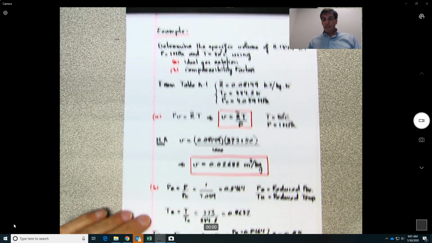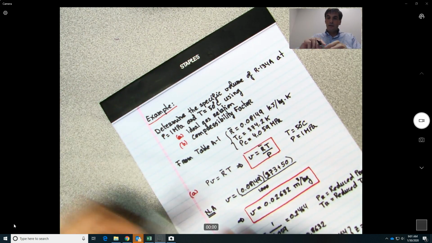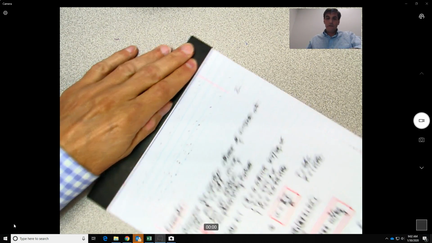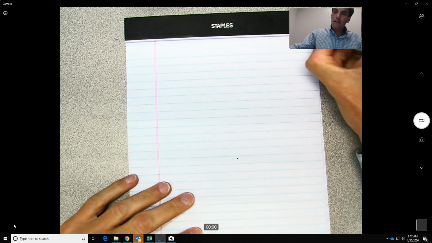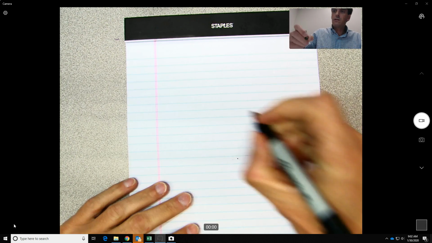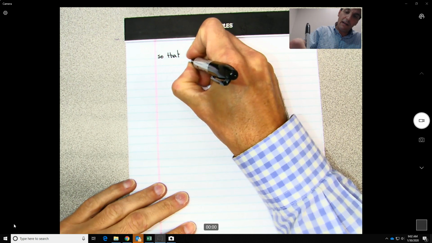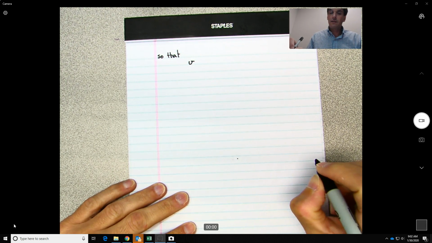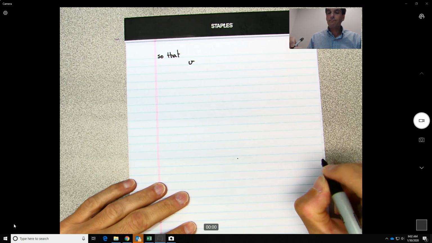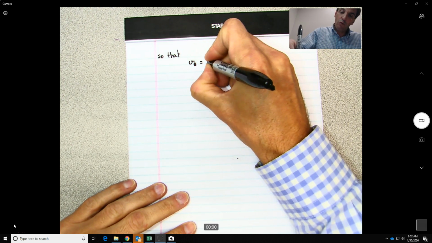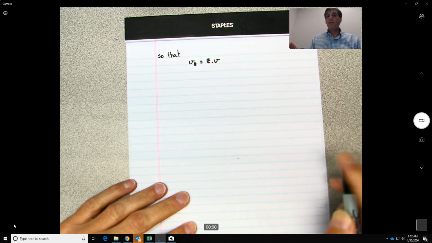So basically, what does that mean? We know then that the final specific volume using the compressibility factor will be equal to Z multiplied by the one of the ideal gas.